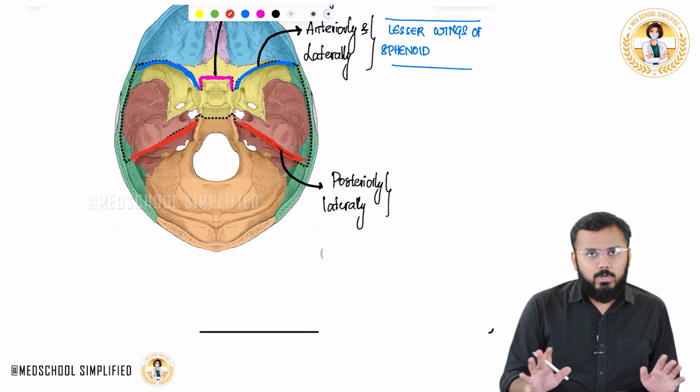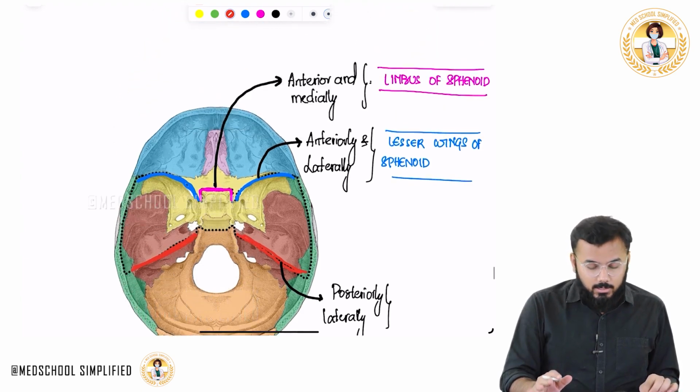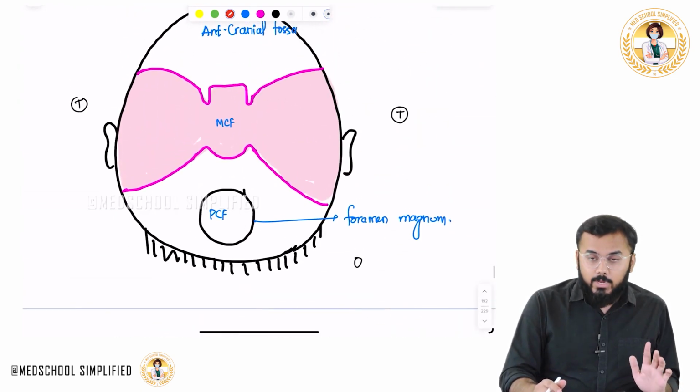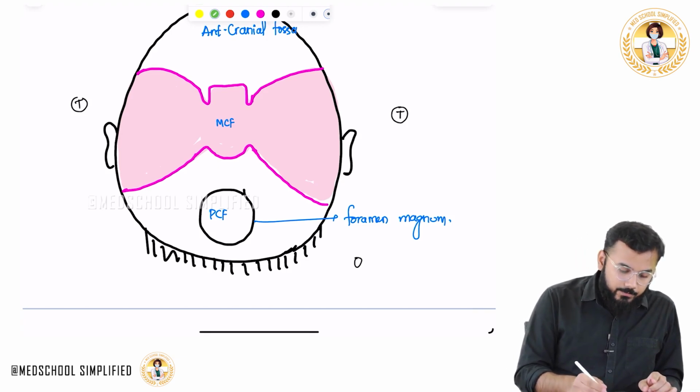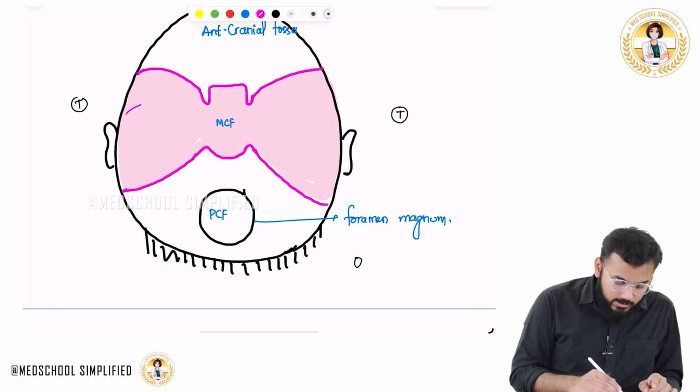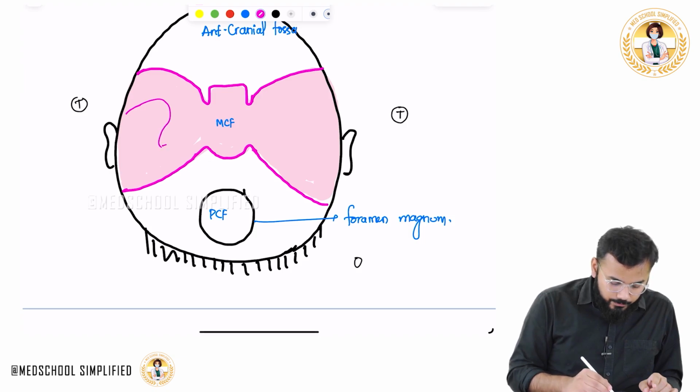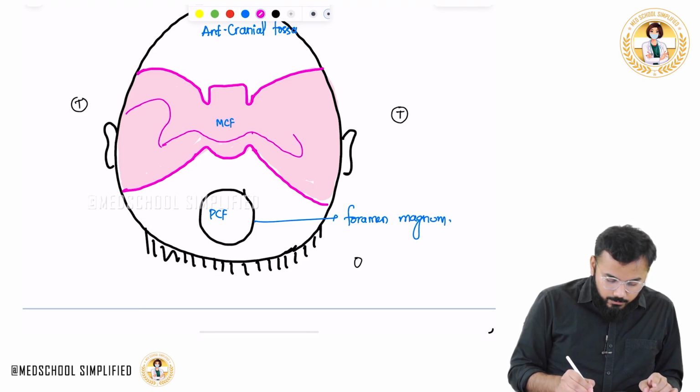Now, no need to get confused here. I'll tell you this. If you look at this structure over here, let us say that this part itself is your sphenoid bone, which is in the form of a butterfly.